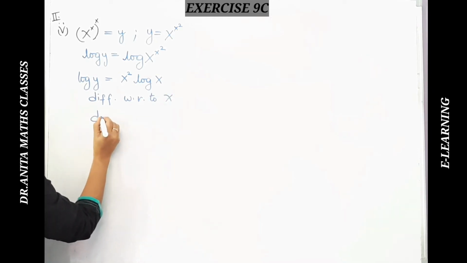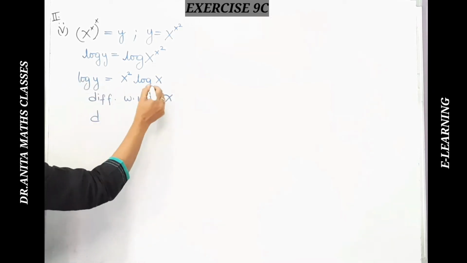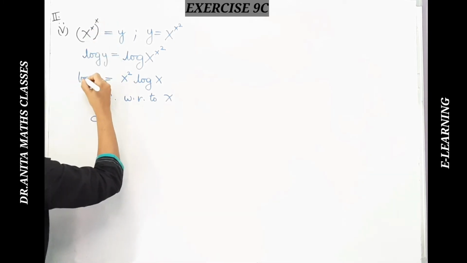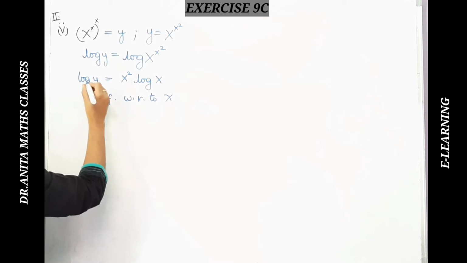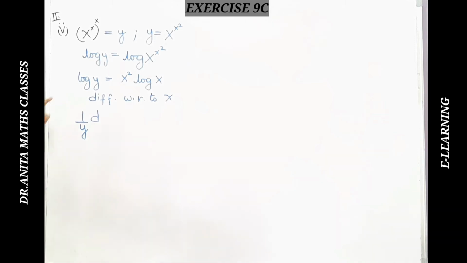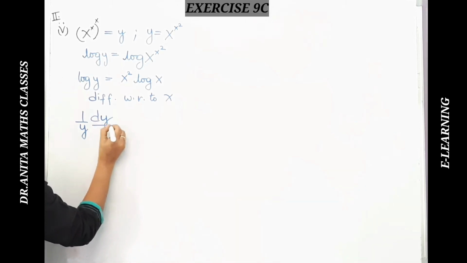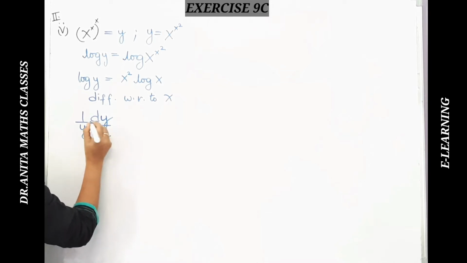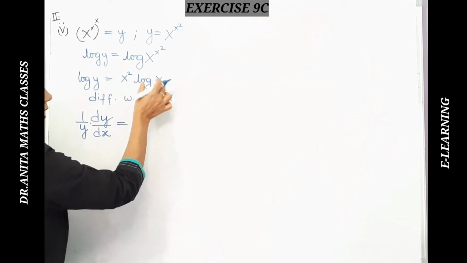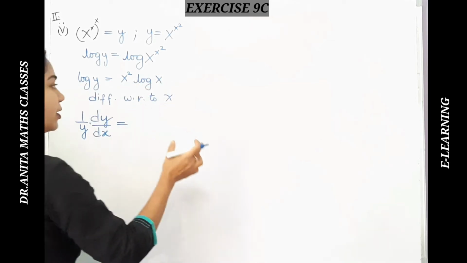Differentiating with respect to x. Here we have used the logarithmic functions because they are in the exponents. Now differentiation of log y is just 1 by y times dy by dx, equals, this is in the form of u and v, that is the product rule, uv.